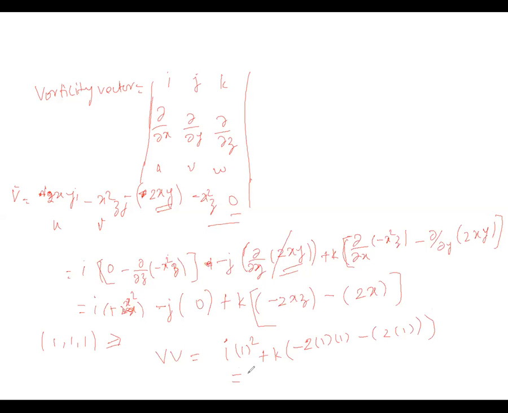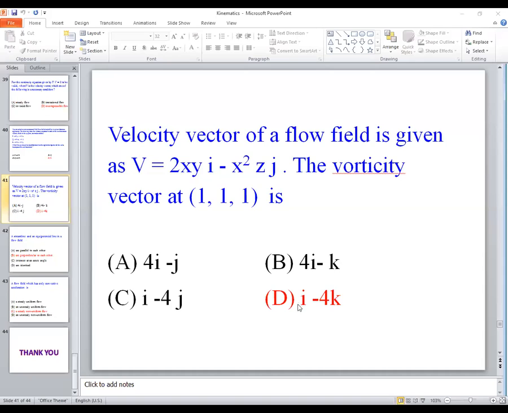So the vorticity vector equals i minus 4k.